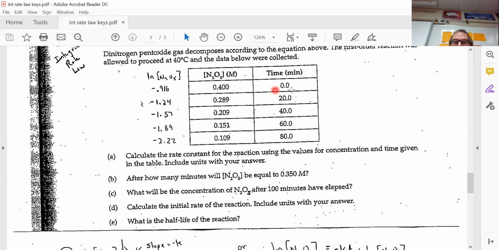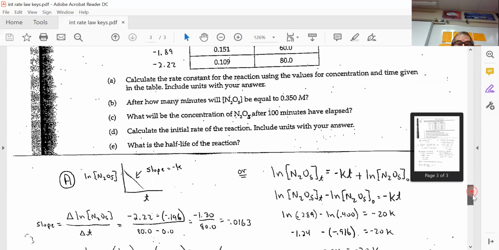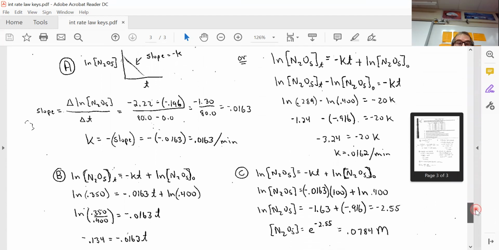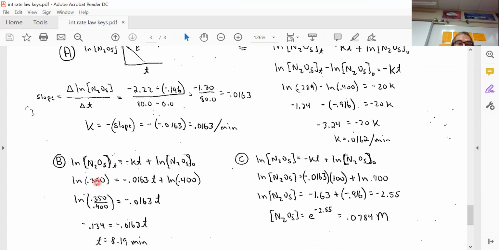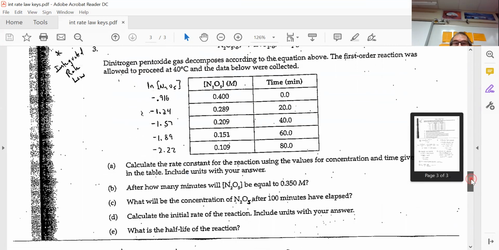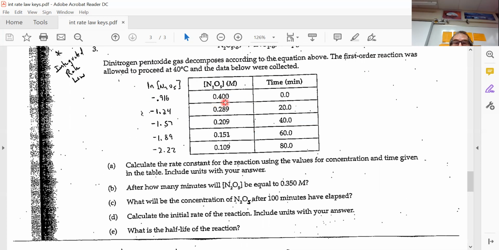I'm looking to get a time somewhere between 0 and 20, but I can just plug it into the first order rate law equation, and I'm doing that here. The t is for the actual time, and the little subscript 0 is for initial. I know everything but t, and I get 8.19 minutes, which seems to make sense, since 0.350 would be somewhere between 0 and 20. So that seems like a plausible answer.